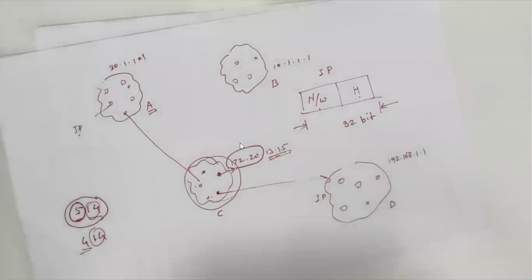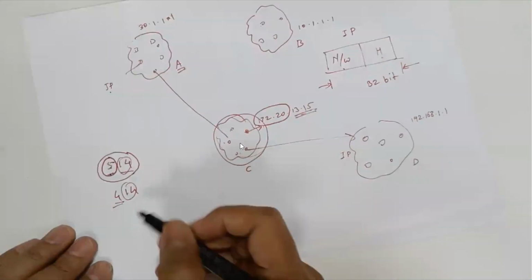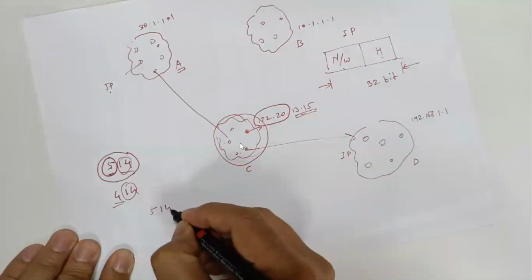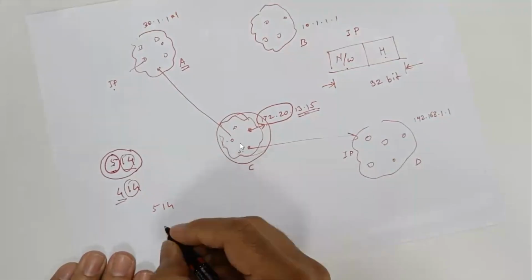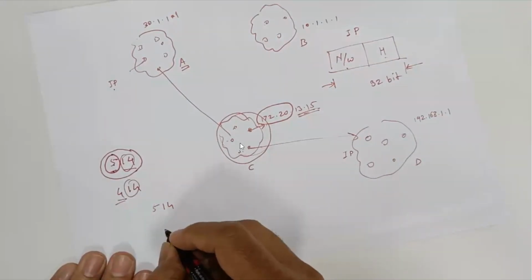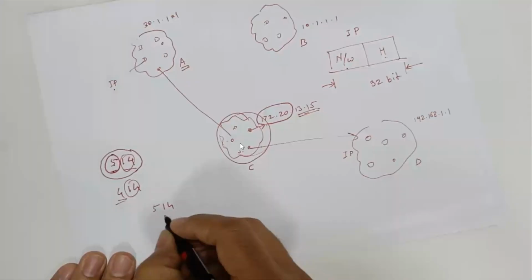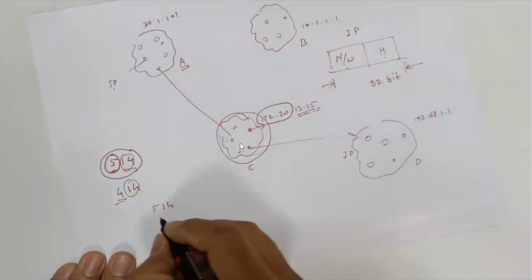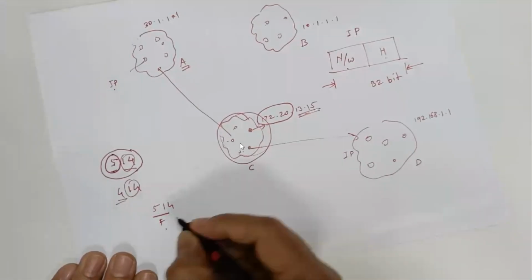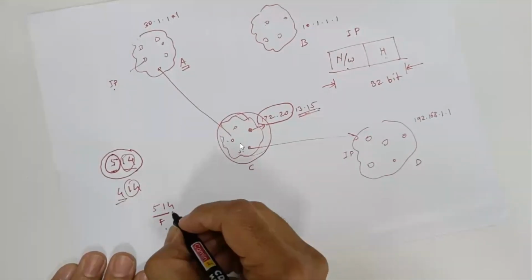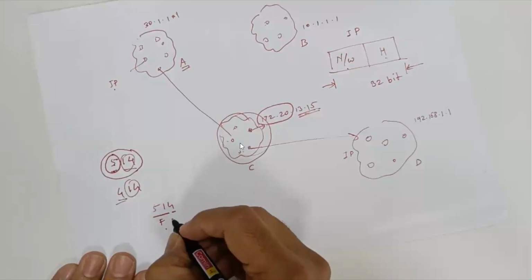Now, if you identify, 514 is one example. If you have something like this, let's say if these 2 are the floor numbers, that is also possible, and this is the flat number.